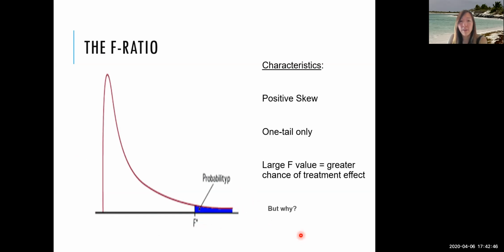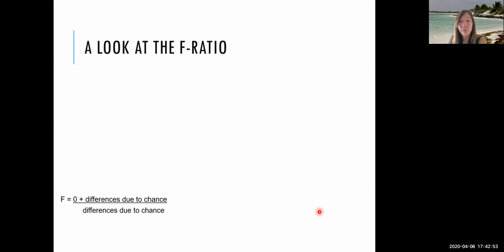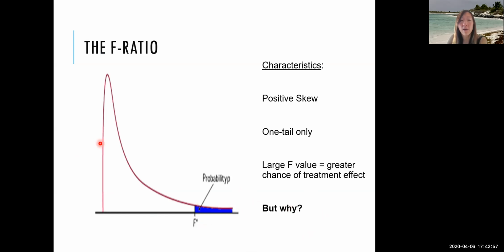So why though? Why is it skewed? And even more of a question, I think I mentioned this, I'm actually going to go back here. What was the value that stood for the null hypothesis in a normal distribution, like a t-distribution? What was the null hypothesis?